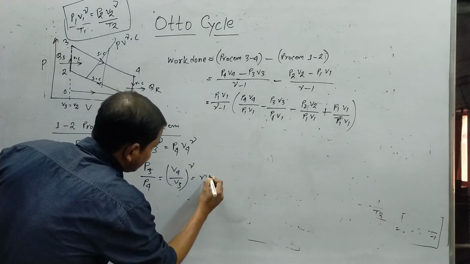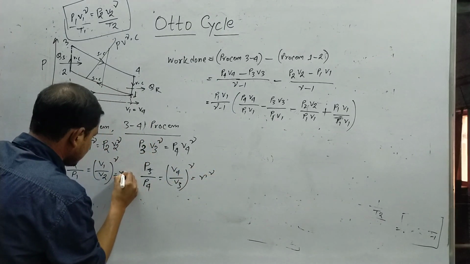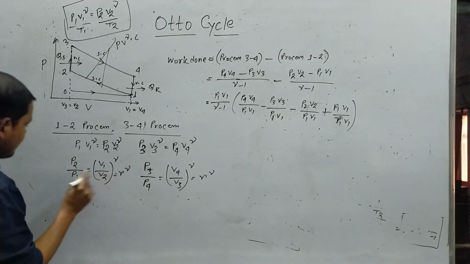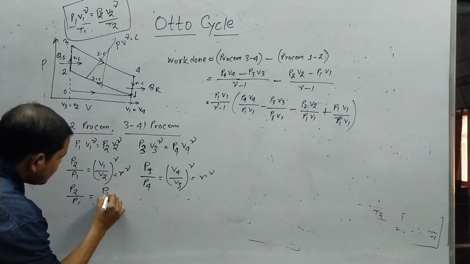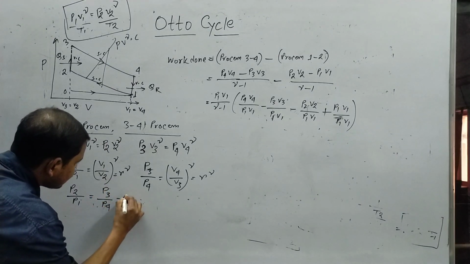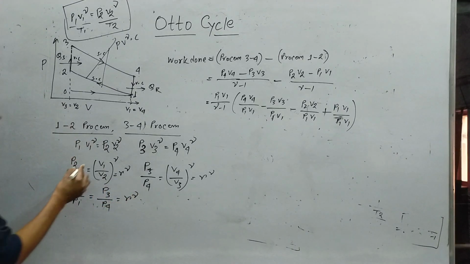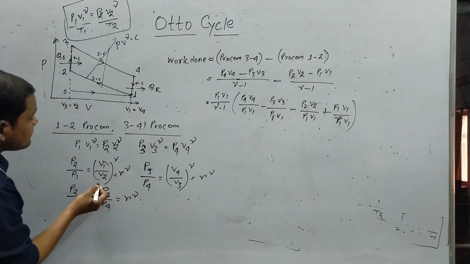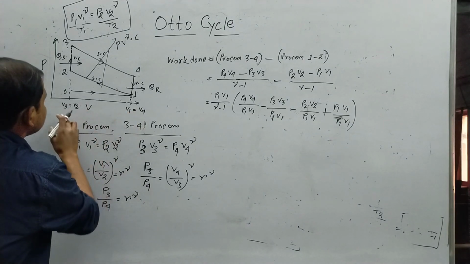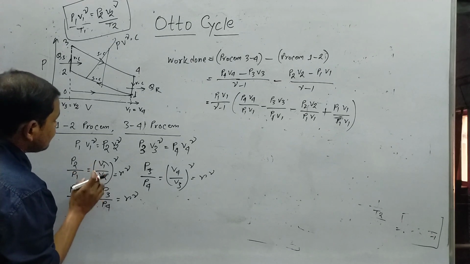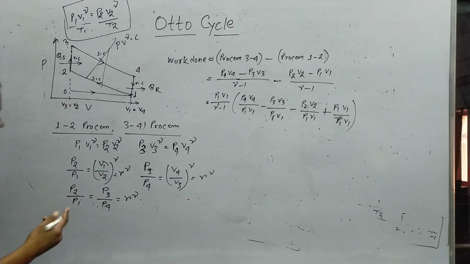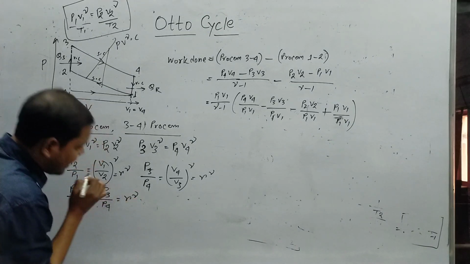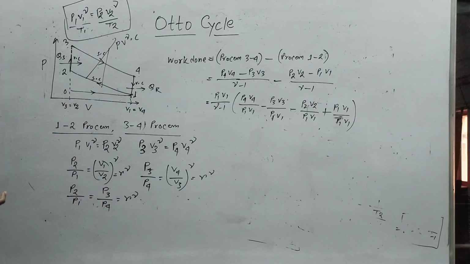This is nothing but R to the power gamma, so P2 by P1 is equal to P3 by P4 is equal to R to the power gamma, because V1 by V2, the total volume by the clearance volume, is termed the compression ratio and is denoted by R.